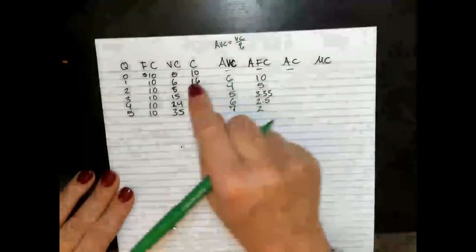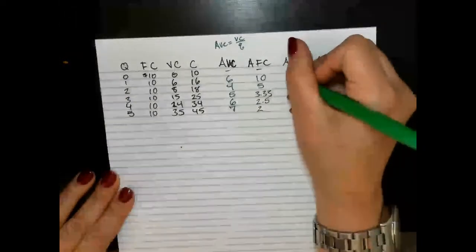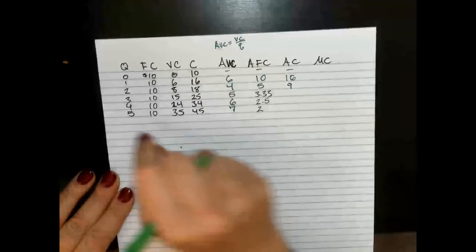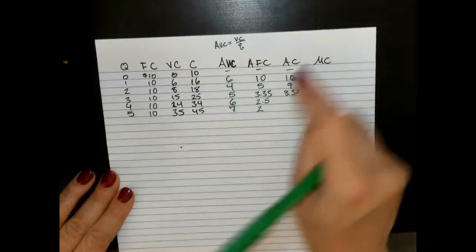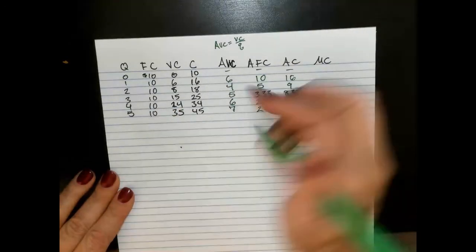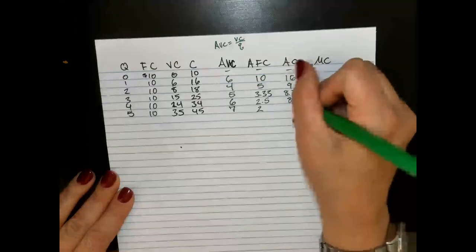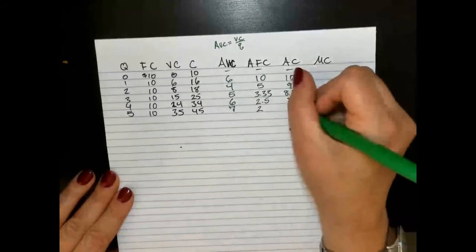So again, we start out with 16 divided by 1, 18 divided by 2 is 9. 25 divided by 3 is 8.3 repeating. 34 divided by 4 is 8.5. And 45 divided by 5 is 9.